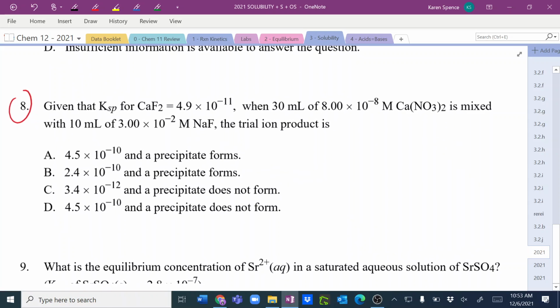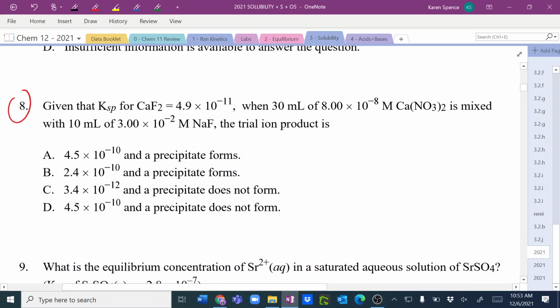Here we have calcium fluoride, and we are given its KSP. We have 30 milliliters of calcium nitrate, so there's the calcium ion. And we have 10 milliliters of sodium fluoride, so there's our fluoride ion.